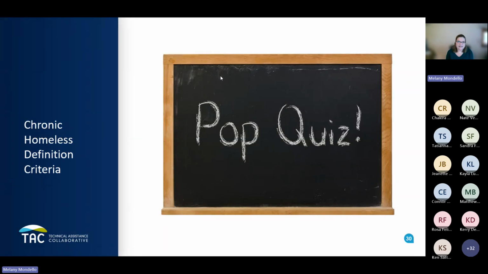The reason I say it this way is because it used to be that you really did have to document every minute of every day, right? Like you had to show that Melanie was homeless all these 365 days. But we'll talk about under documentation, HUD wants to show 12 months of homelessness.